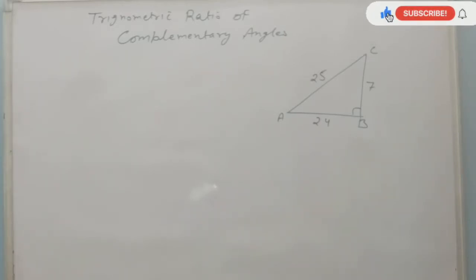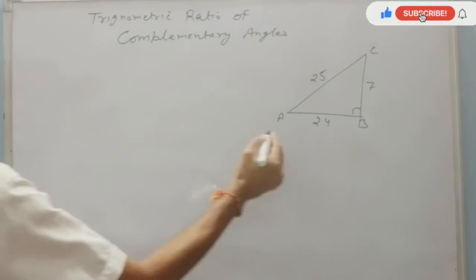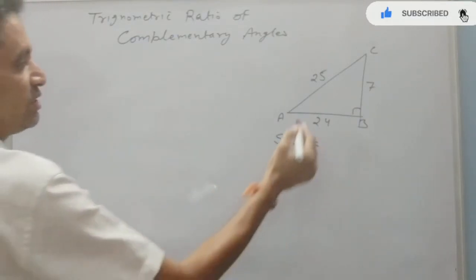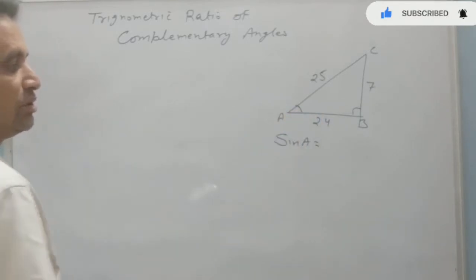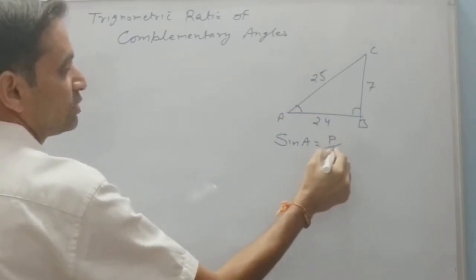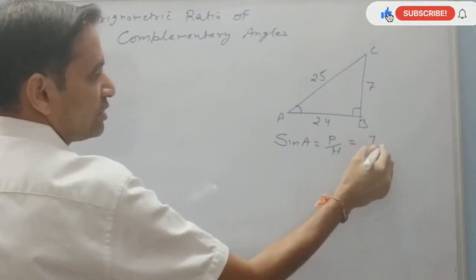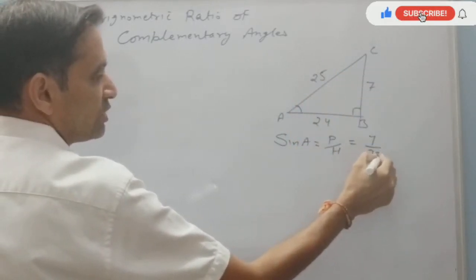If I want to find the value of sin A, then sin of angle A will be perpendicular upon hypotenuse. For the angle A, the perpendicular is BC, which means 7, and the hypotenuse will be 25.